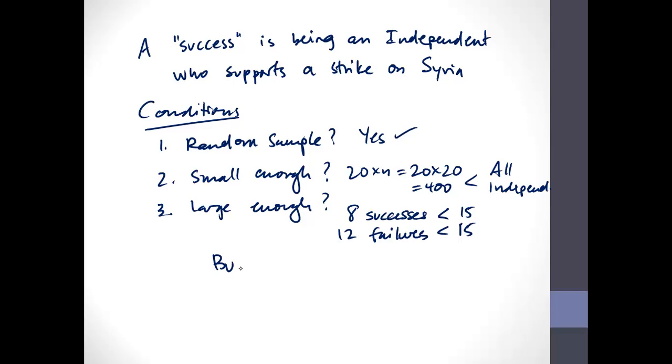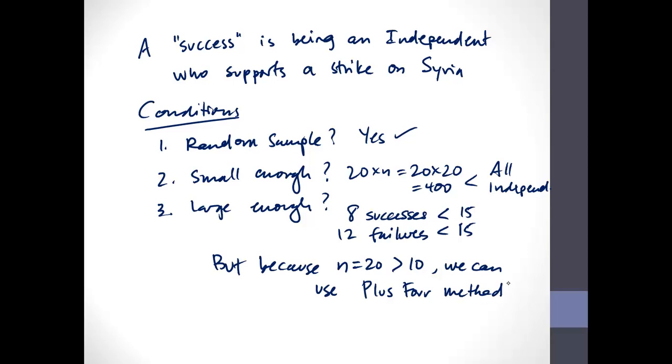Because n equals 20 is bigger than 10, we can use the +4 interval. Because our sample size is bigger than 10, we can use this second option that we have here. That's the good news.